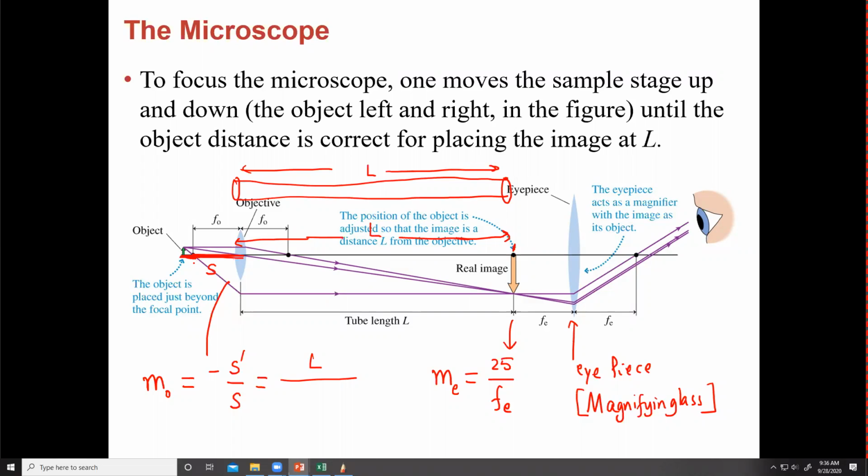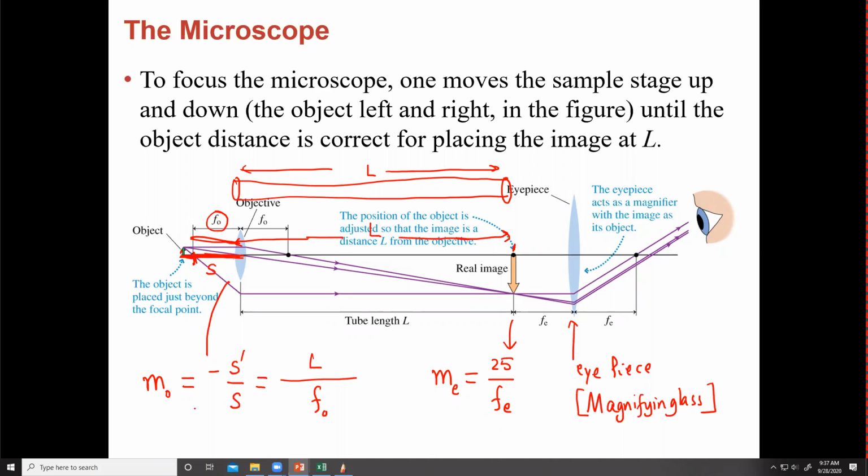It's pretty close to the focal point, so we can approximate that distance as F naught. It's not exactly F naught. F naught is this distance. But because this is pretty close to the focal point, we can just assume that's F naught. Object distance is F naught.